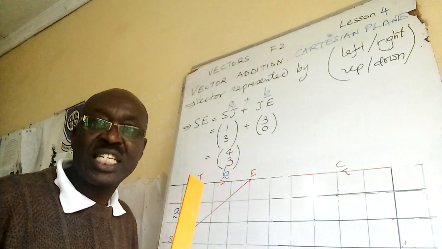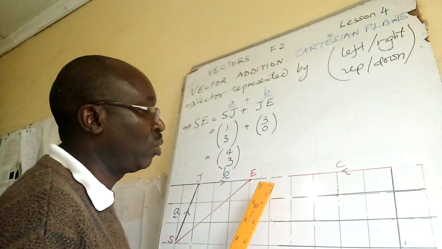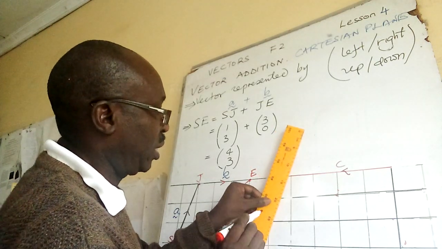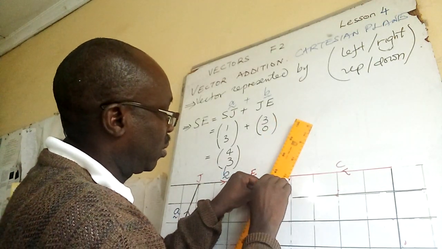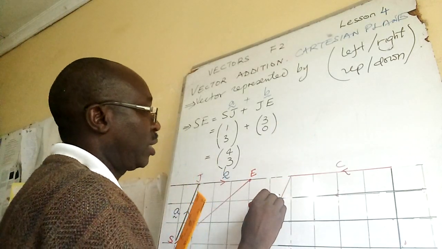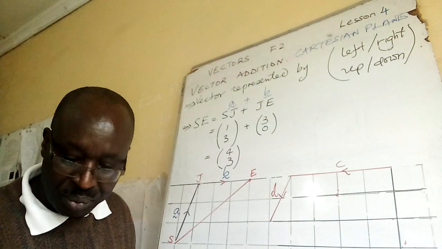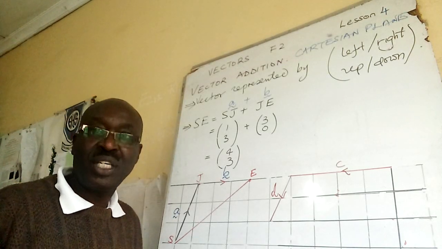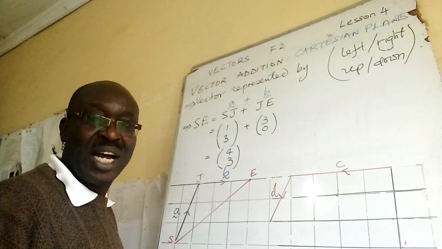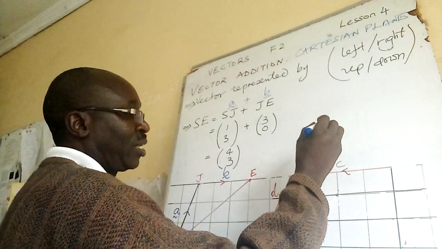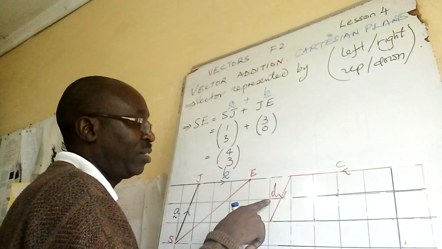That is vector C. I want to add it to this, and let me call this vector D. So I have C and D. This is vector C, this is vector D.